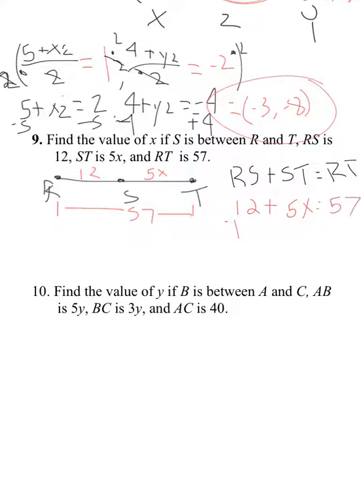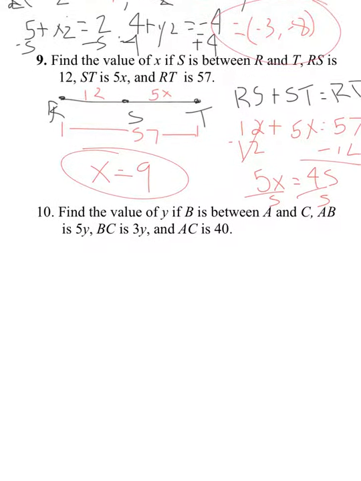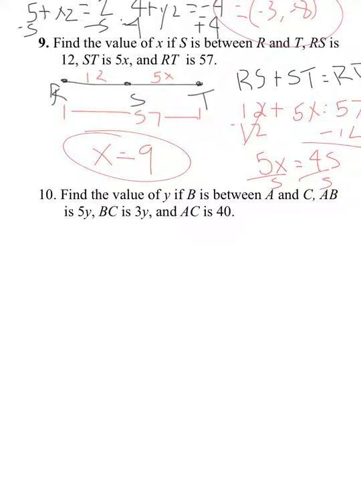So then it's just minus 12 here. That cancels. 57 minus 12 is 45. Divide by 5. X equals 9. Did not ask you to plug it back in, so you're done. Easy problem. Number 10 is the same thing with different numbers, so I'll go through this a little more quickly.